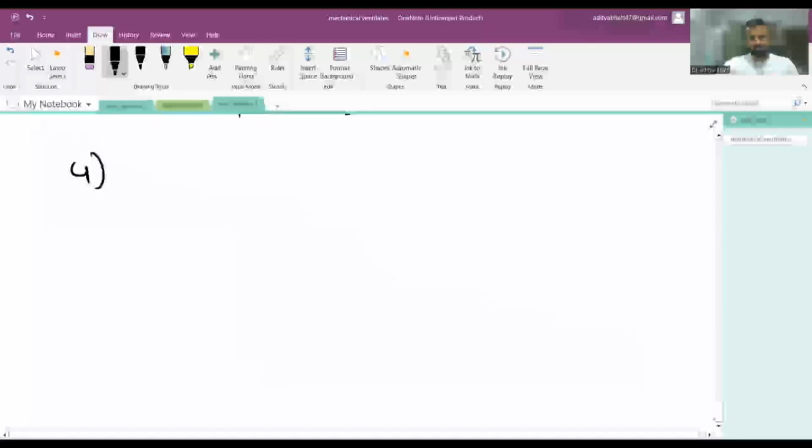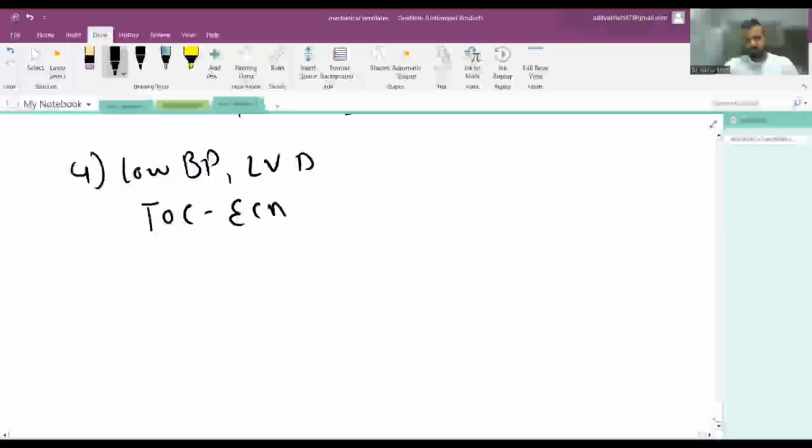Now, fourth is low BP with bad cardiac function, or LV dysfunction. In this condition, the ideal treatment of choice is ECMO. But again, ECMO is not available everywhere. Extracorporeal membrane oxygenation, the ECMO that was used in COVID. What they do in ECMO is the oxygenation outside the body.